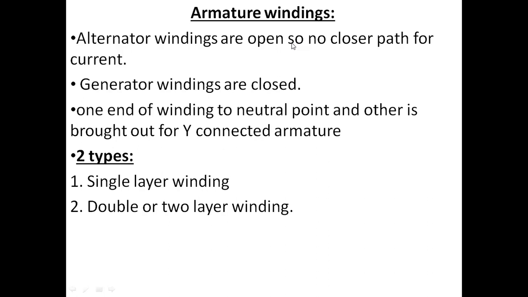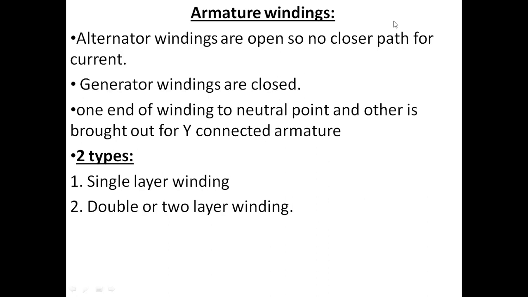See about the armature windings, a very, very important topic. If you know about the pole pitch and coil span, then you can go on to further classes. So, armature windings. The armature windings in the alternator will be different from those of DC machines.